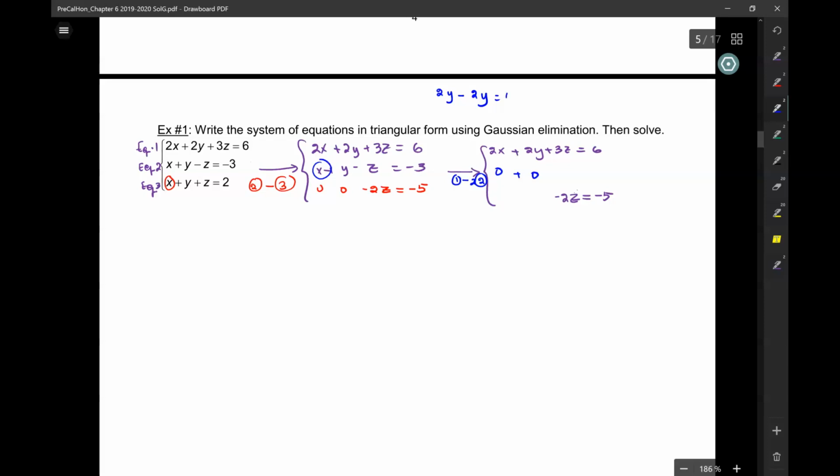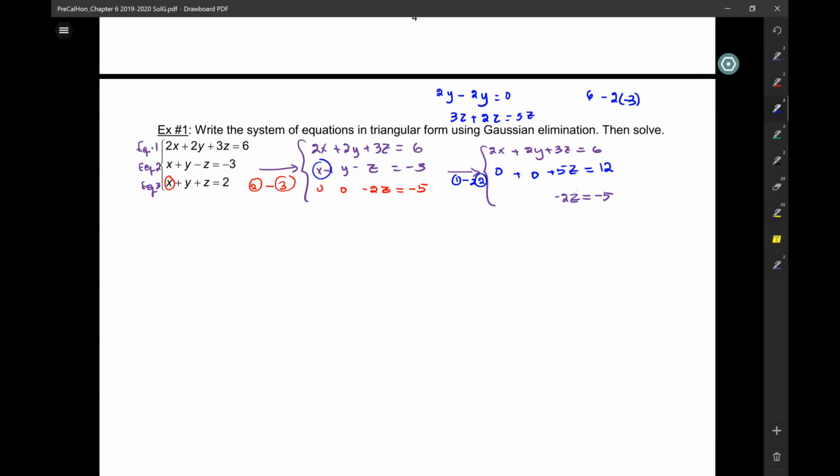And then 3z minus 2 times negative z, 5z, equals, now you have to do it to the constant, 6 minus 2 times negative 3, 12.